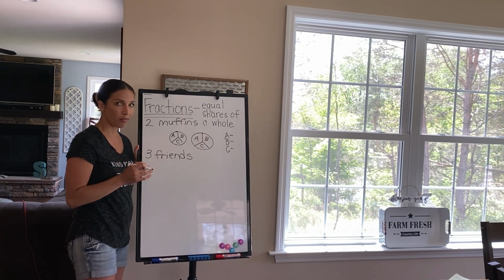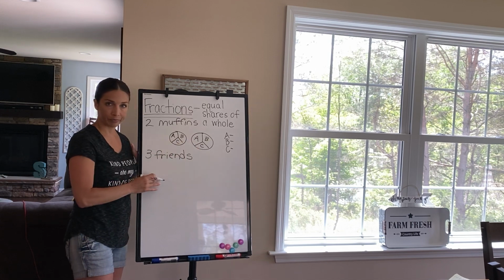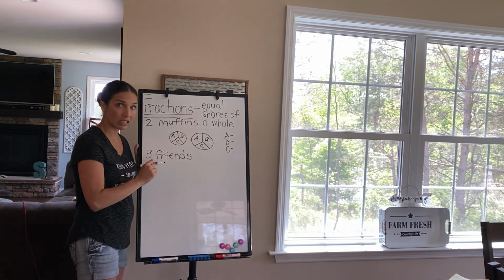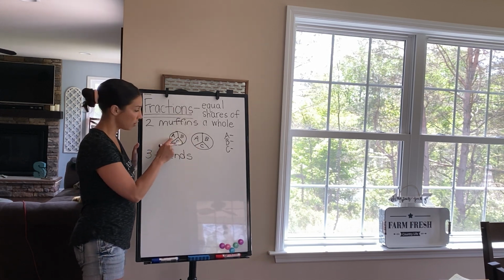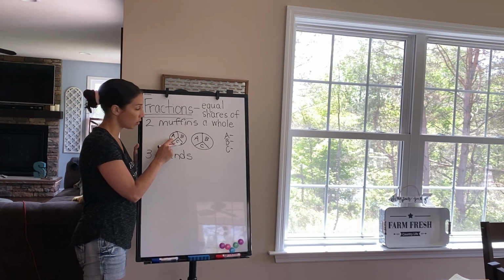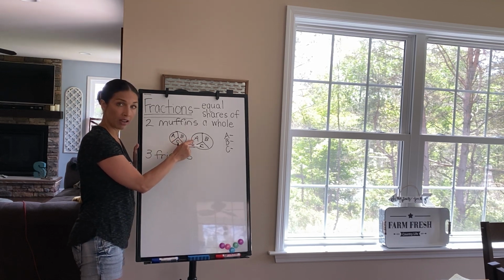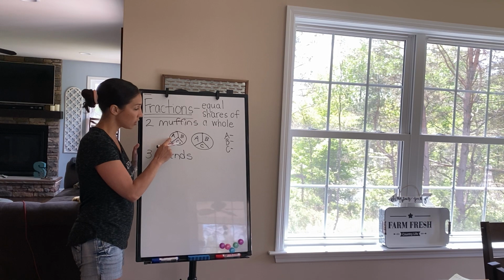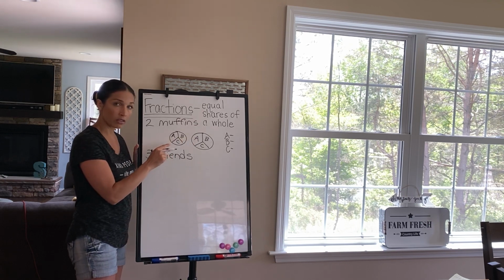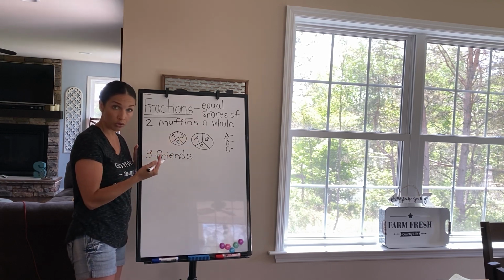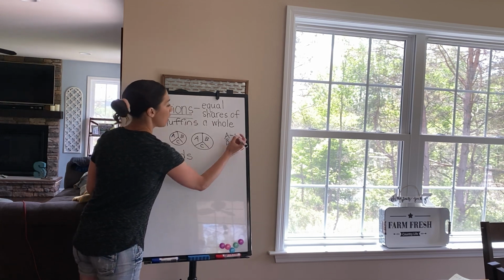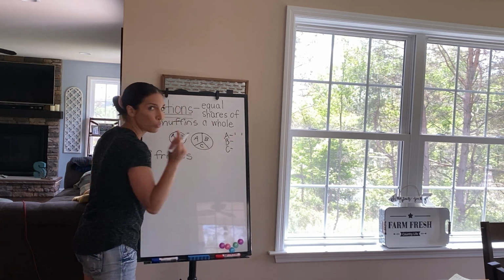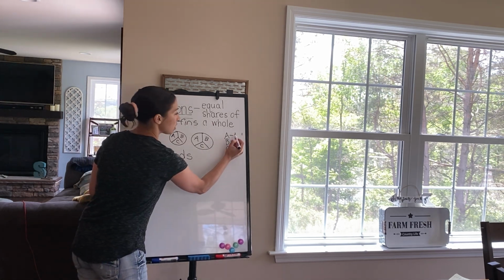Okay, well, let's look at friend A. How many pieces did they get? Well, one here and one here, right? So if they got one here and one here, that's a total of 2 pieces. But it's still 1 and 1. We're gonna make 2 separate fractions.